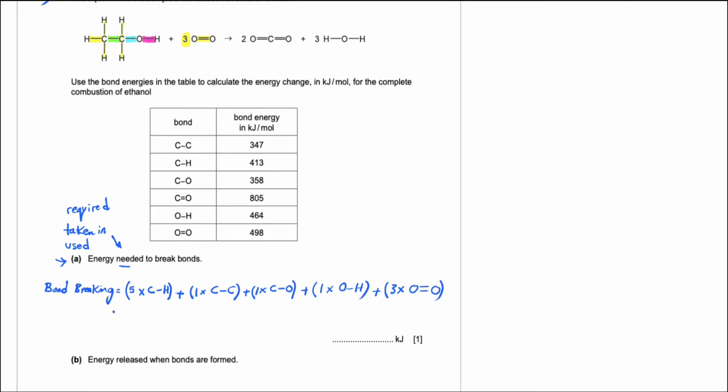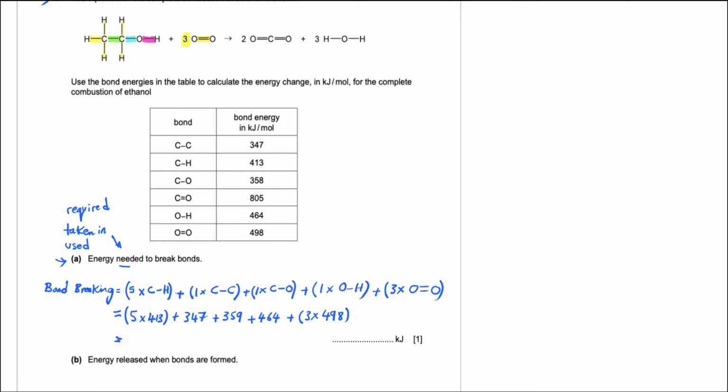If we plug in the numbers from the table, we're going to have 5 times 413 plus 347 plus 359 plus 464 plus 3 times 498.